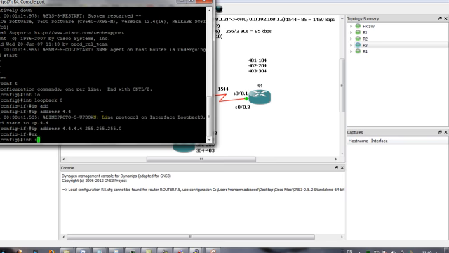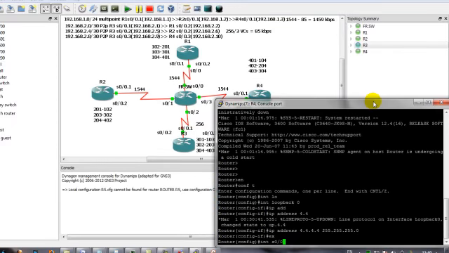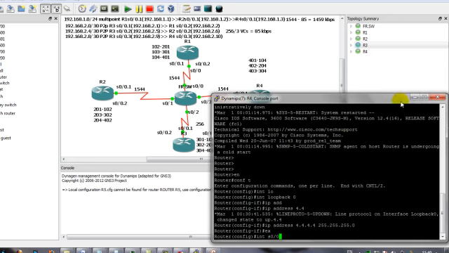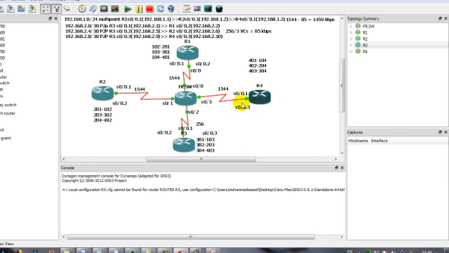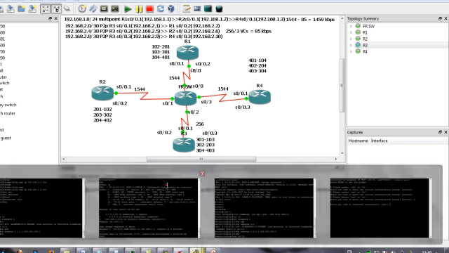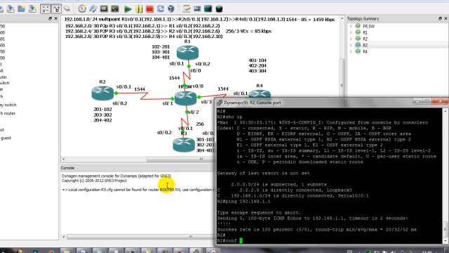Now interface serial 0/0. Look at this. I want to make also 0/0.1 with multipoint to contact router 1 and router 2. The IP address of router 4 will be 192.168.1.3. Yes, but maybe in router 2 we forgot to configure the bandwidth.